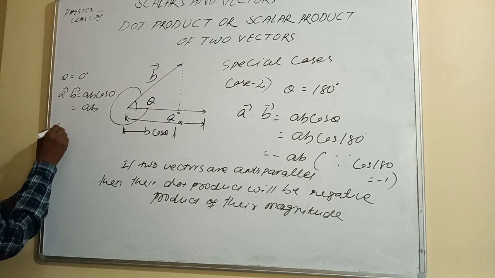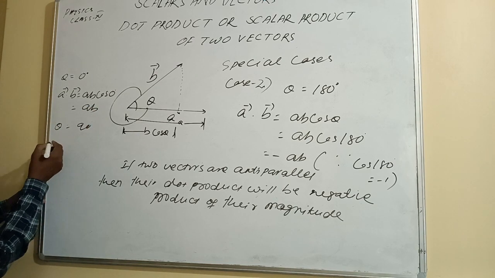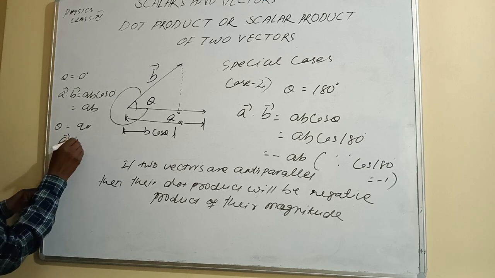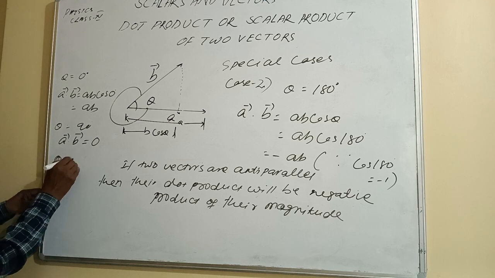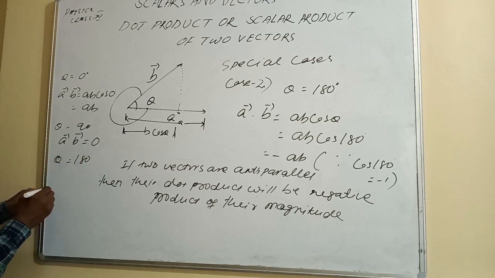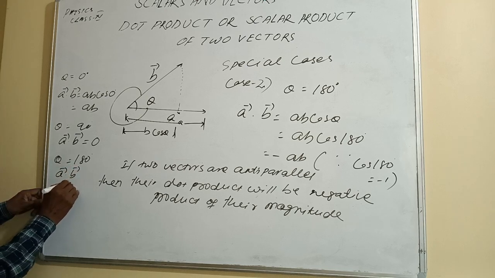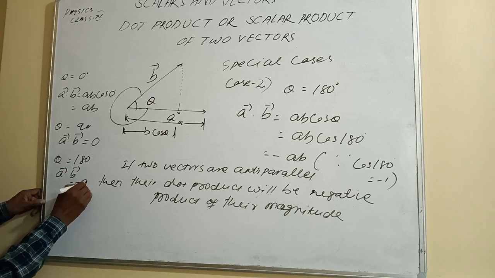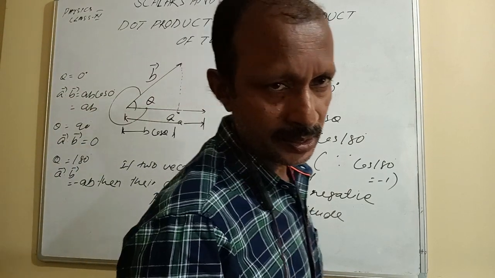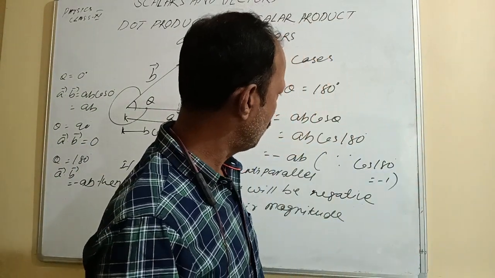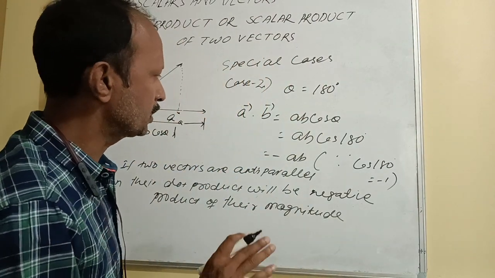Second case, when theta is equal to 90 degree, we found that A dot B is equal to 0. Third case, theta equal to 180 degree, we found that A dot B is equal to minus AB. These are the three special cases I mentioned for your better understanding.